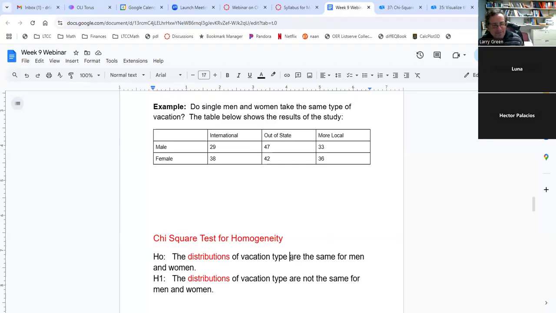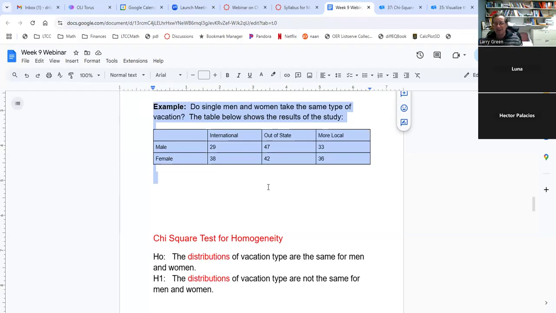Not necessarily the vocab, actually not the wording. The hardest part is deciding which test to use. After looking at the question, like: do single men and women take the same type of vacation? You have to decide, is this a test for homogeneity?